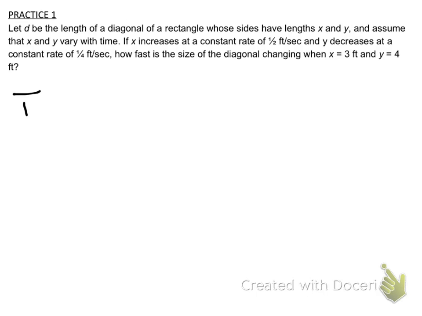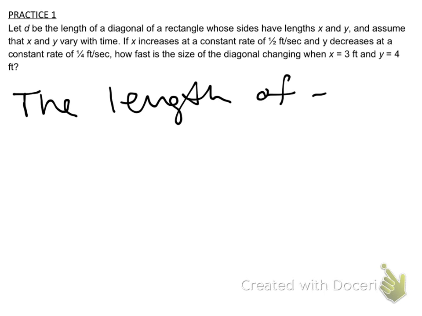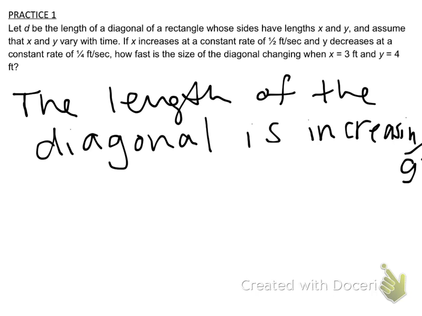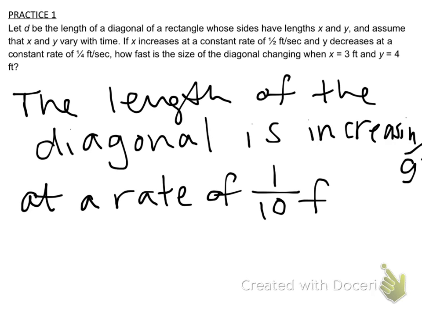So the length of the diagonal is increasing, excuse me, sorry, there's a G in there. Increasing at a rate of 1 over 10 feet per second. That's my answer.